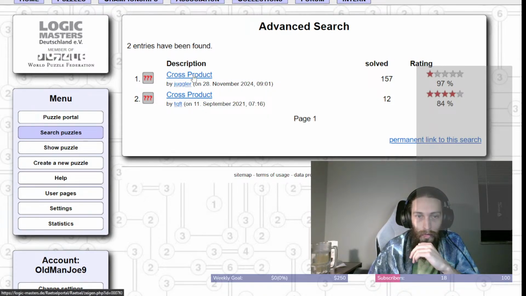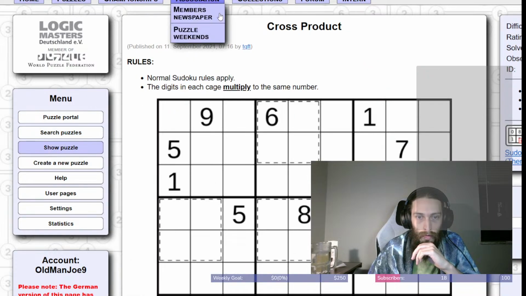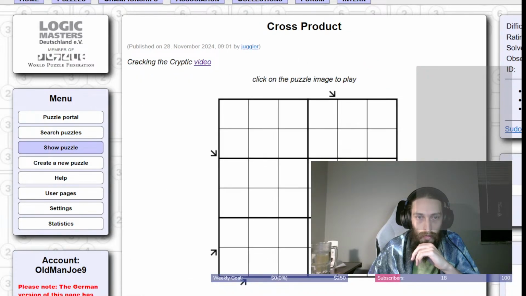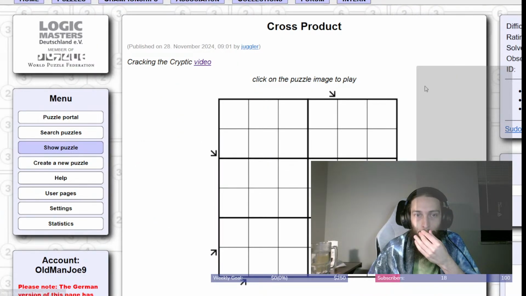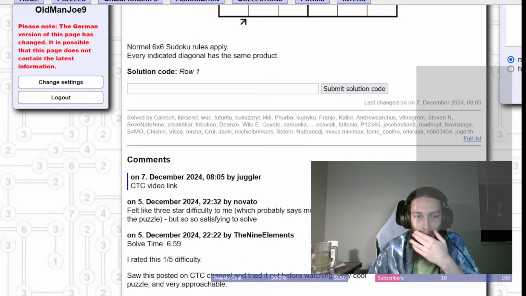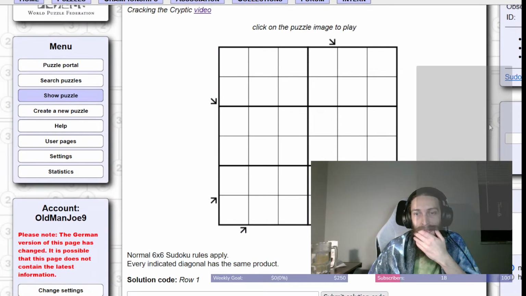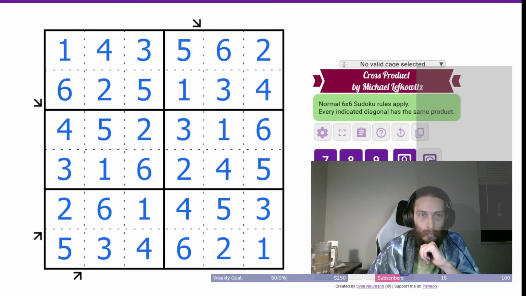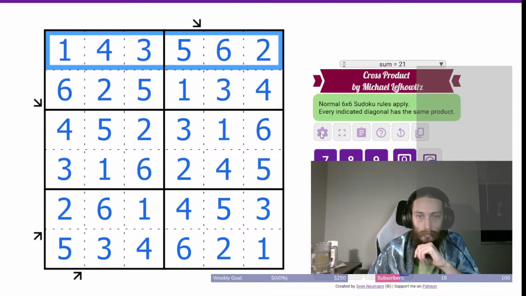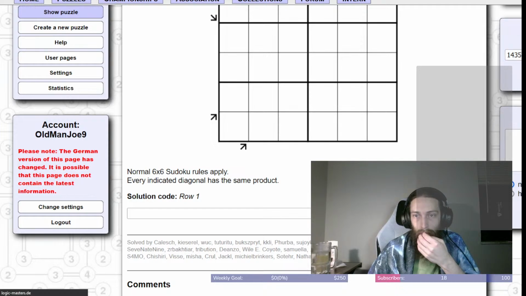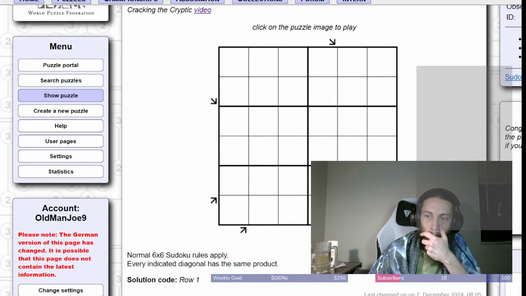Now, I don't think this is either of these two. It's not that one. Oh, it is this one. I do think it's a difficult puzzle. Oops.